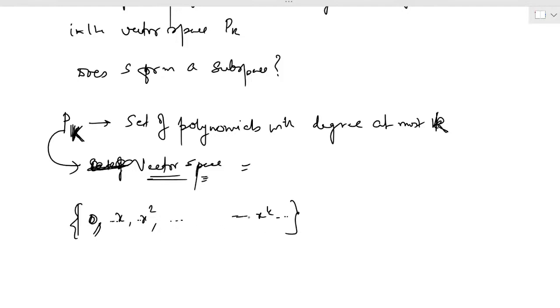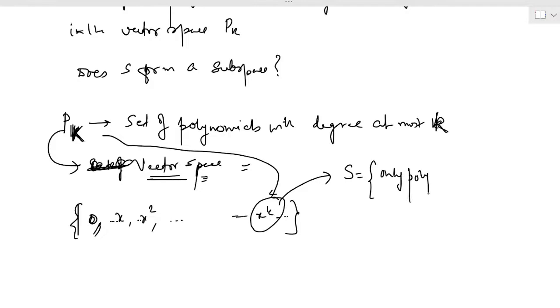So obviously polynomials with degree exactly equal to k would be there. Now I'm making a subset where I have only polynomials of degree k. Now I'm asking, does it form a subspace?